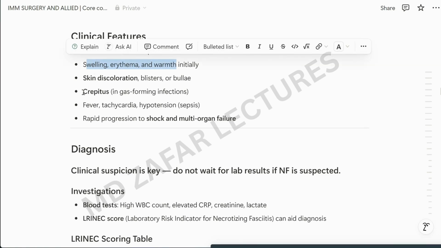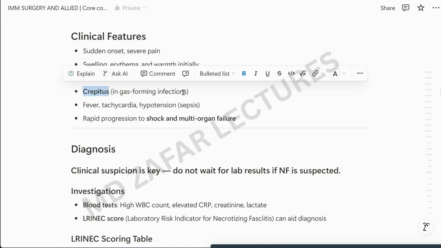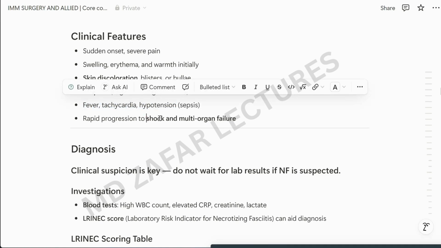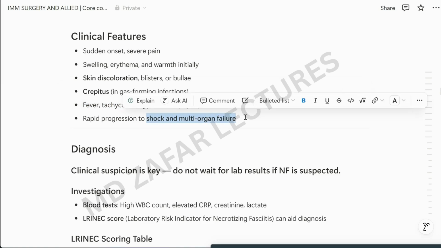The high yield finding on clinical examination is the presence of crepitus, that is the gas forming infection. Along with this, the patient can also develop features of sepsis that include fever, tachycardia and hypotension, and it rapidly progresses towards shock and multi-organ failure. So it needs to be diagnosed in time.